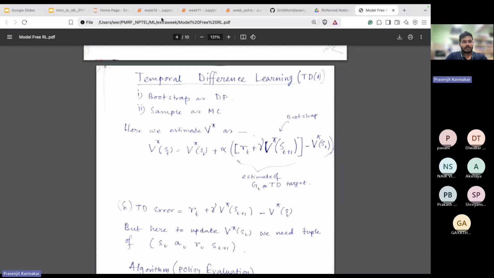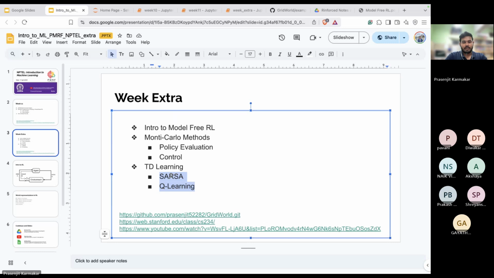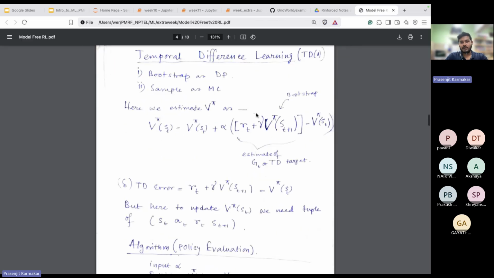So today's objective was to go up till TD learning. So SARSA and Q learning, maybe we can address them next week. So I hope you enjoyed it, right? So now, see, we don't even need to know the environment anymore. We just have to know how we can interact with it.